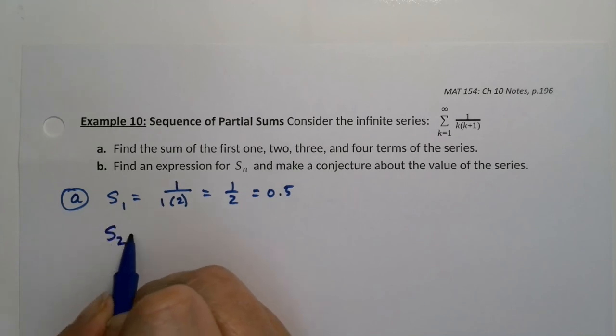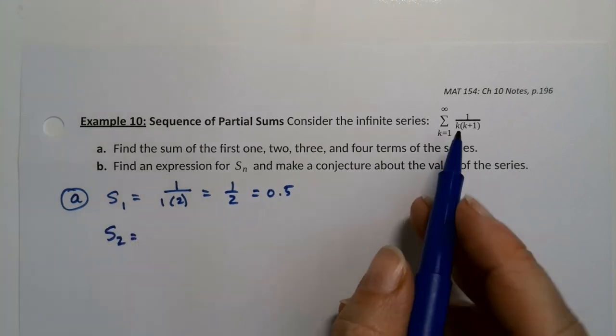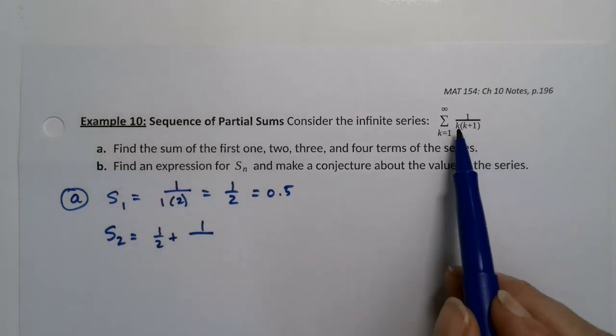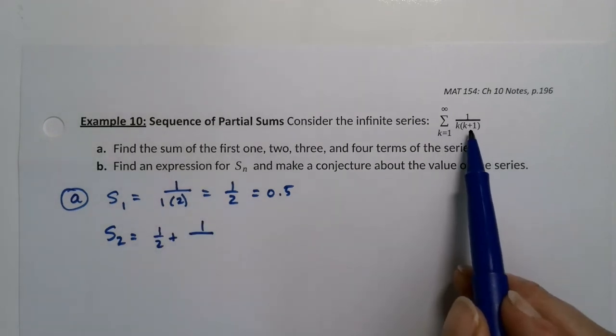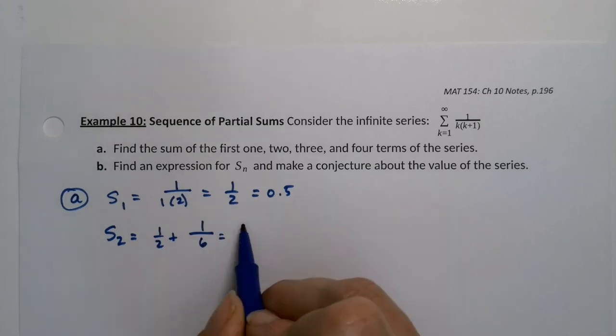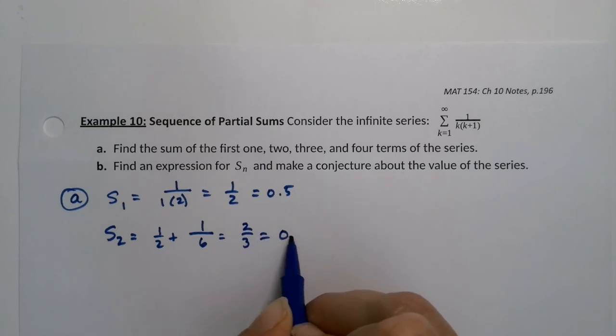S sub 2 would be adding up. So you're going to take the half that we already have plus another 1 over 2 times 3, so that's 1 over 6. So a half plus a 6th, which is 2/3, which is 0.6 repeating.